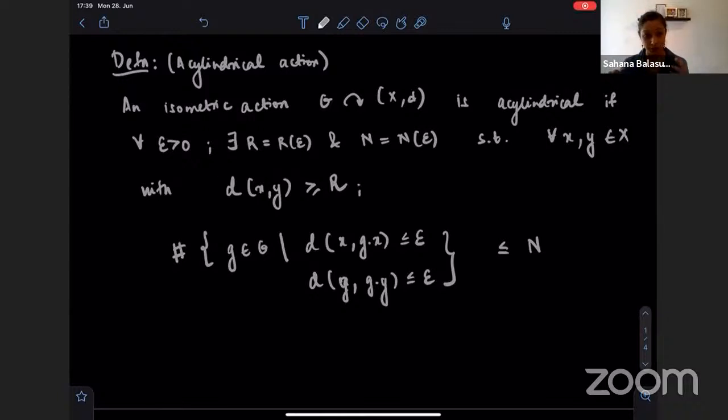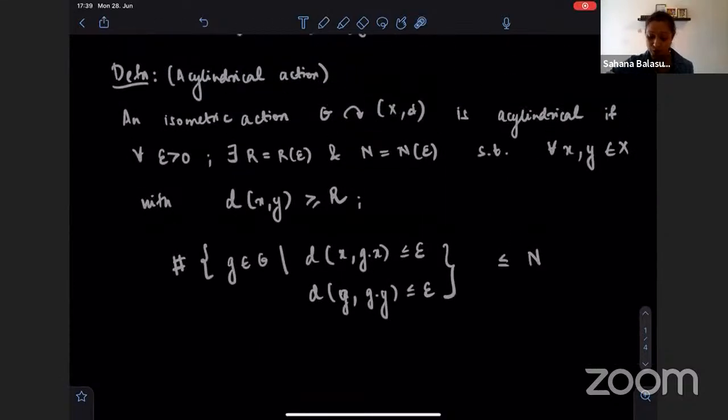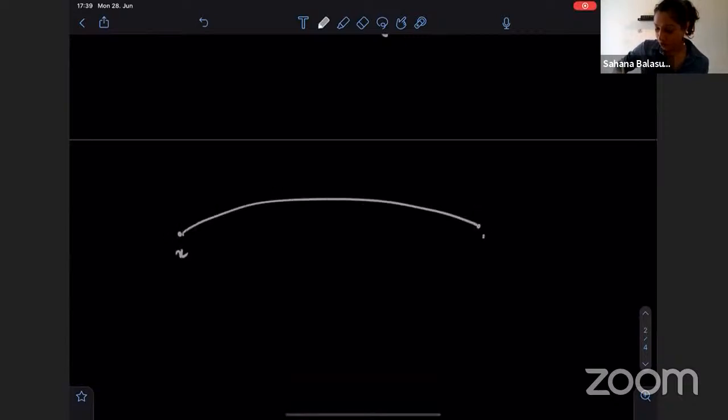So let me put up a picture that I hope will help you understand this definition better. I'm not interested in what happens to pairs of points that are close by. I'm interested, because of this condition right here, in pairs of points that are quite far away in my space. So I've got X over here, and I've got Y over here. And these are at least distance R apart, which depends on some tolerance epsilon that you've set. And what does that tolerance epsilon do?